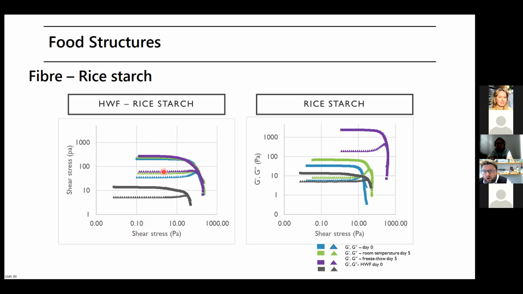I always joke about the frozen lasagna that tastes like a fresh one. In essence, it gives you an opportunity to improve the freeze-thaw stability of the product, which is of huge importance for the cold chain and sustainability, because obviously a huge amount of energy is spent on storing things cold.